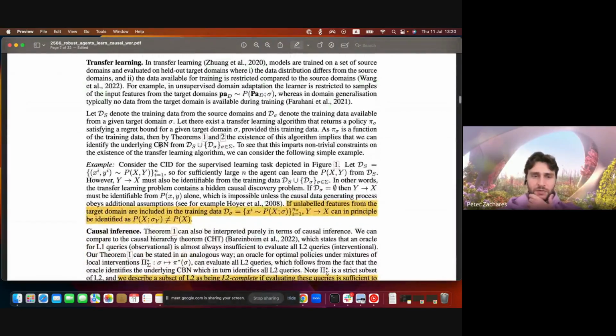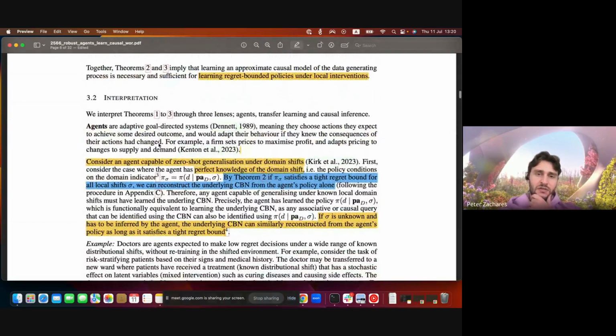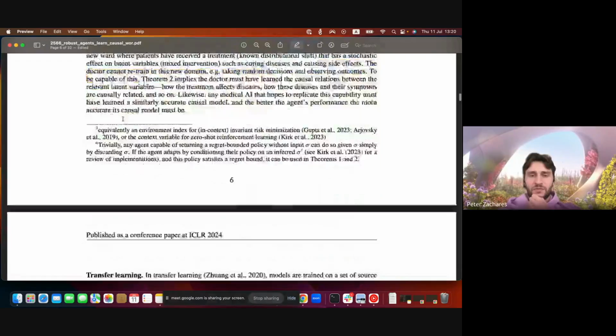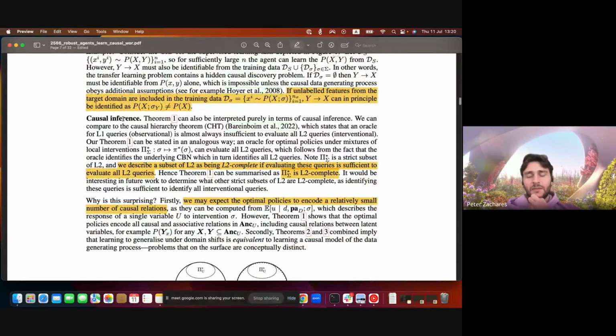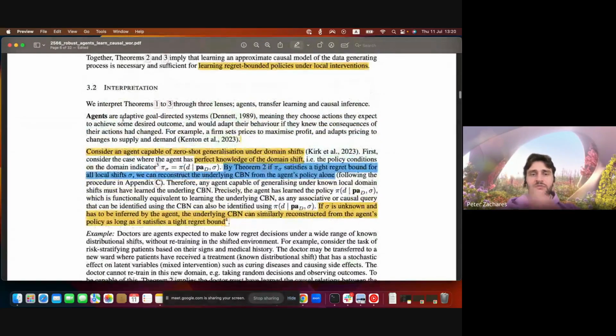They talk about some of the implications of this result for agents, for transfer learning, for causal inference. But in my opinion, while these are good discussions, there's nothing that I read here that I was like, well, this isn't something obvious from the result.